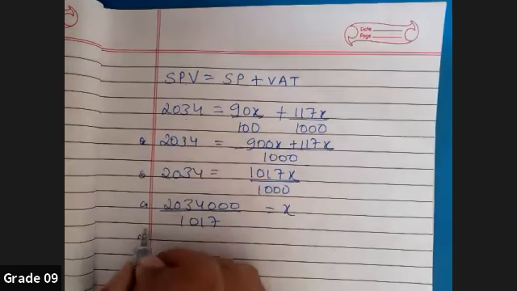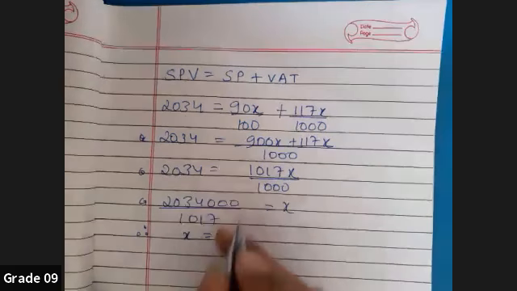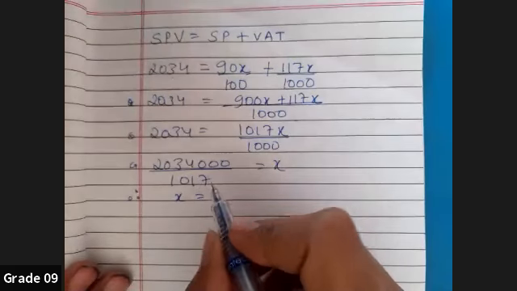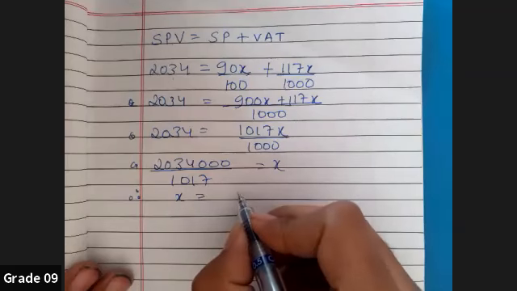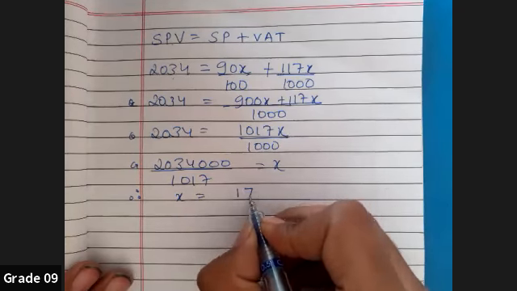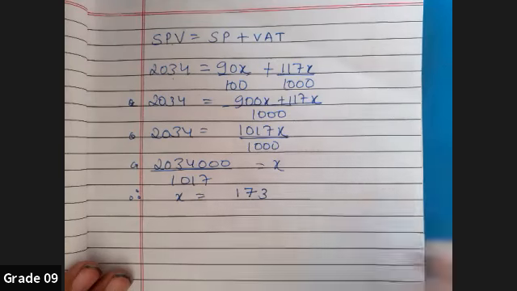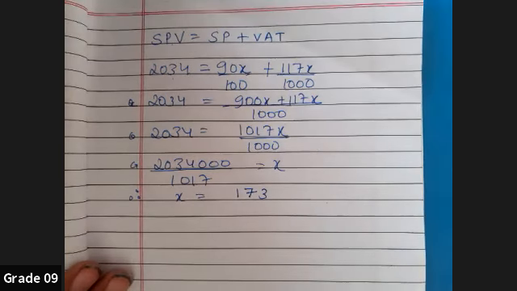So one of you, can you help me with the division of this? 2034000 divided by 1017 is how much? Okay, is it 1738.46?